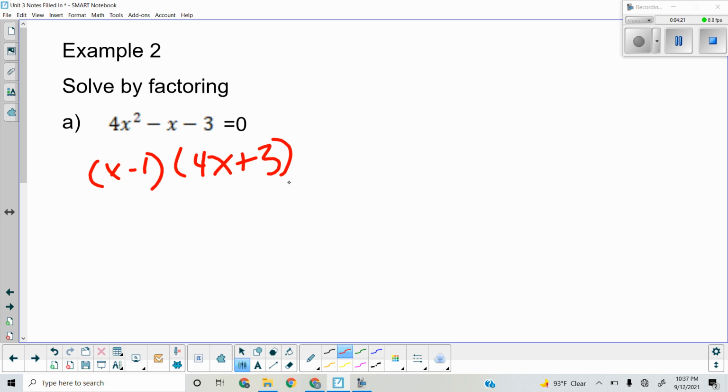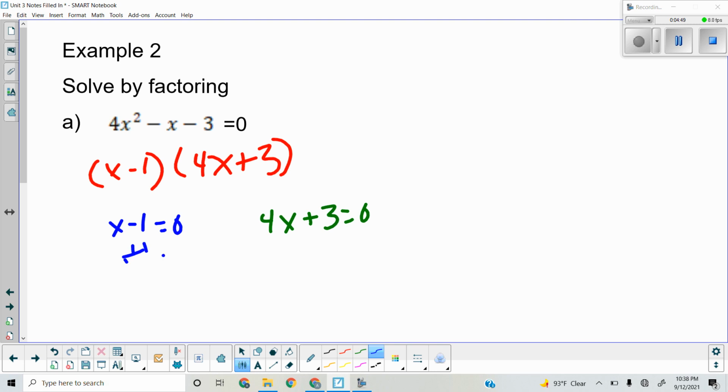We're going to set both of those equal to 0. So when we do that, we actually don't need the parentheses. So we're going to have x minus 1 equals 0 and 4x plus 3 equals 0.